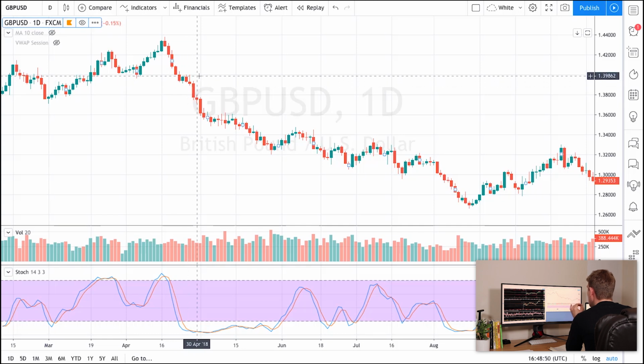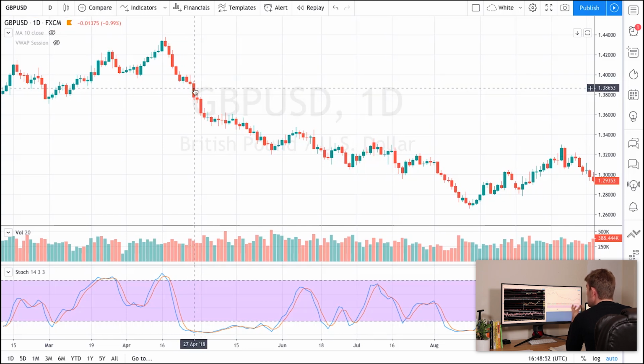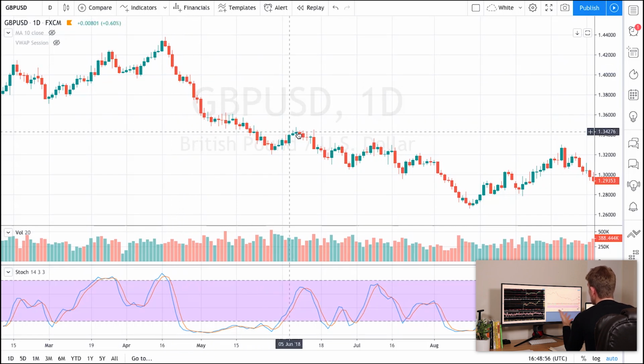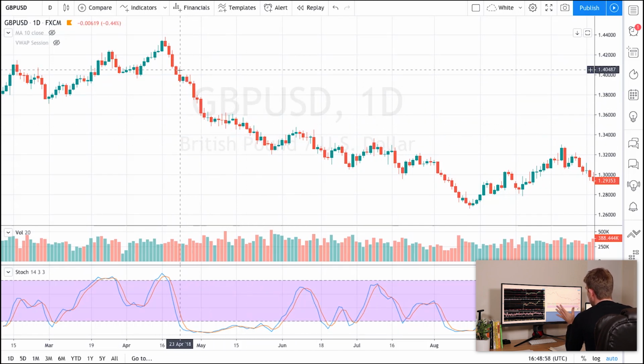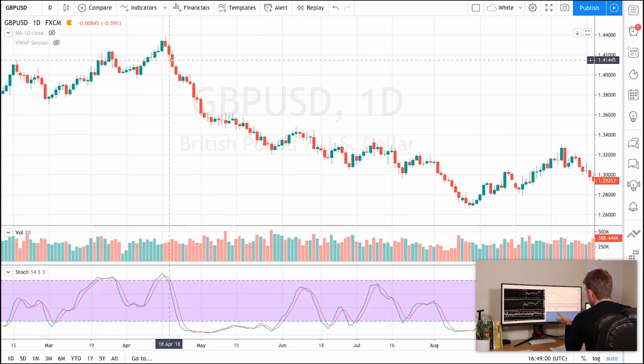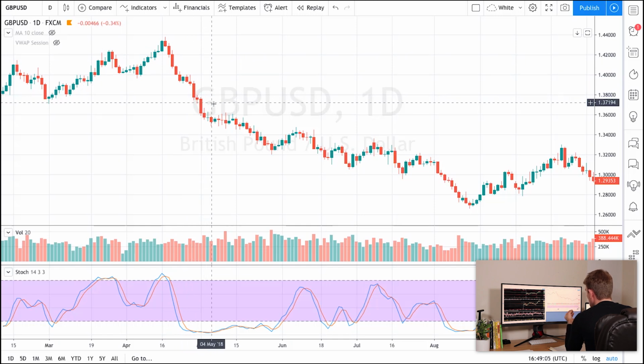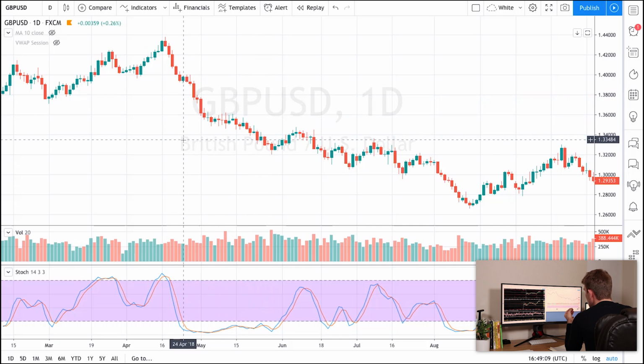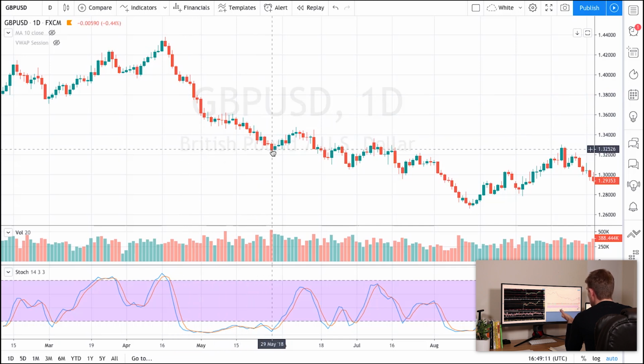The more the market gets oversold, the better you think the trade is. Of course, in this scenario, end of April, mid-May, GBP USD, a daily chart, pushing lower, oversold. It stayed oversold all the way from the end of April right through to the end of May.